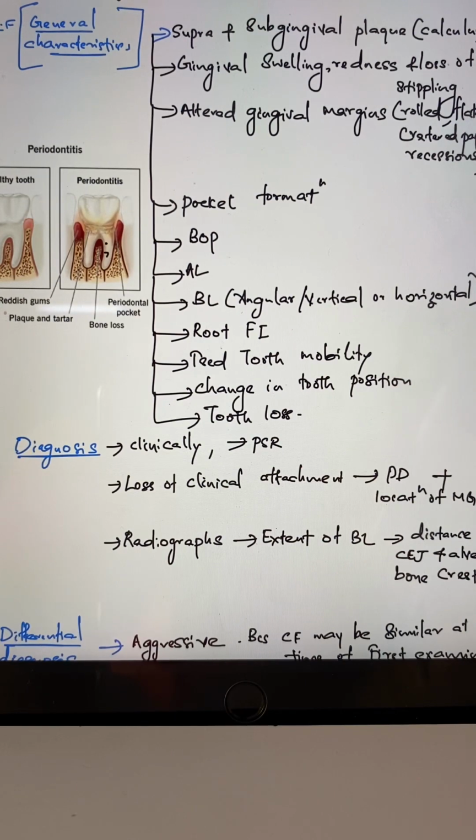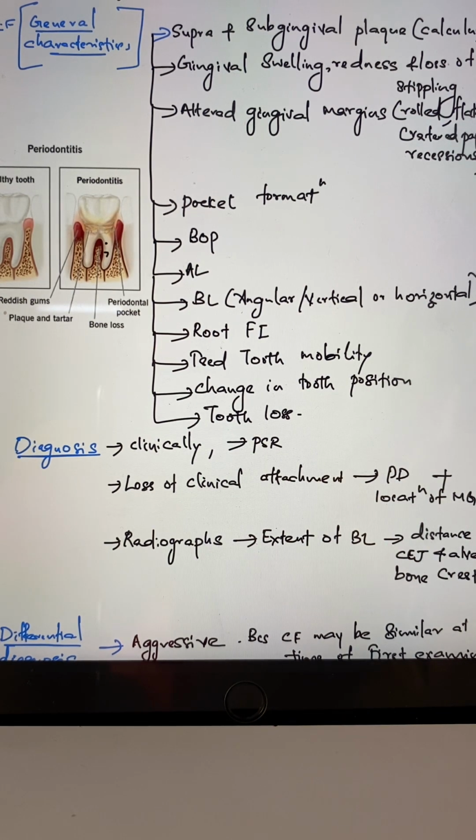Let's see how we can clinically identify that this is a chronic periodontitis case. Clinically, definitely the calculus would be there. It is the major etiological factor in the spread of this chronic periodontitis. So that calculus would be there, then all the destruction in the gingiva can happen. That means gingival swelling, redness, loss of stippling, altered gingival margins, everything would be there.